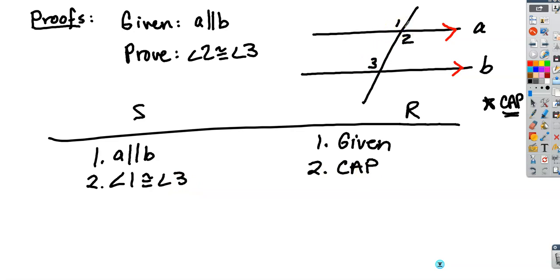Okay, so then you're going to pick a relationship that you already know. Like you actually already know a relationship between angles 1 and 2. Angle 1 and angle 2 are what type of angles? Vertical, that's right. So the vertical angle theorem allows you to say that they would be congruent. So there you go.